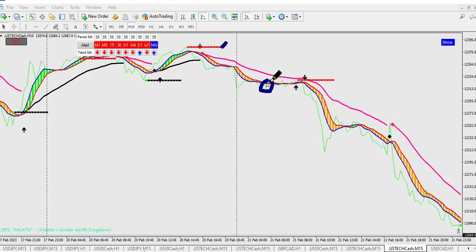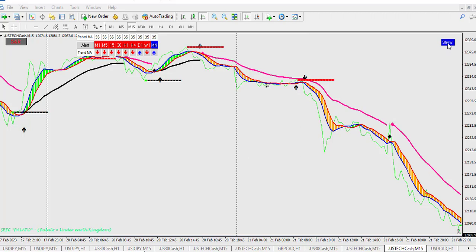This is to tell me that this generated a signal at this point, but it failed, and because it failed, it disappeared. So you might say it doesn't repaint because it's going to leave a trace that it did generate a signal at one point or the other. But if it failed, it's going to change to scissors. And this is how to use this particular strategy also. But all the indicators must be in agreement before you place your trade.